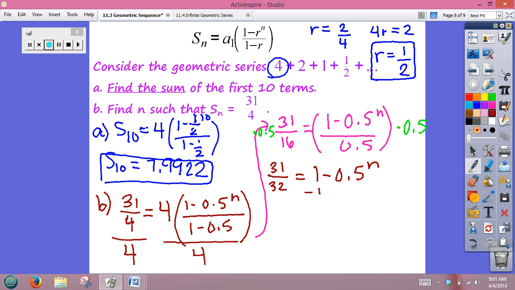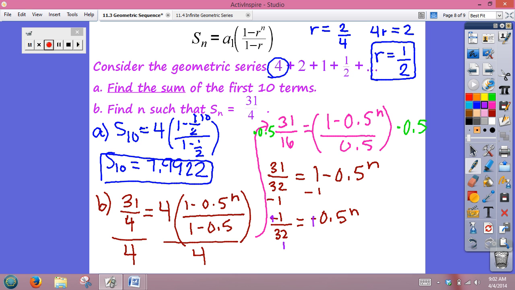If we subtract 1 from both sides, this is simple algebra again, we get negative 1 over 32 is equal to negative 0.5 to the n. If we take each of these times a negative 1, we can simplify this into positive values.